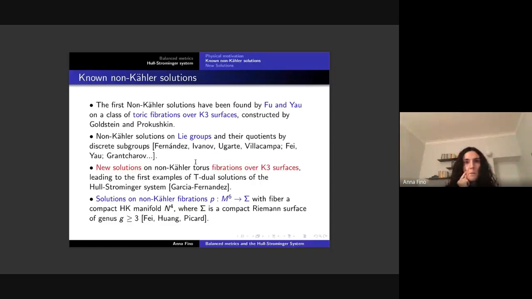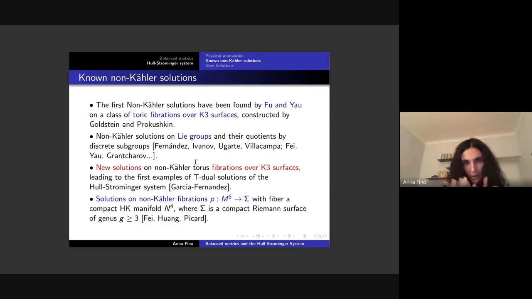But then there are papers by Fernandez, Ivanov, Ugarte, Villacampa, where they also consider the other connections in the Gauduchon family, in particular the Bismut connection, I think. In this example they take a solvable Lie group, in fact the product of the 5-dimensional real Heisenberg group times R, and of course they induce a solution on the compact quotient by a lattice.